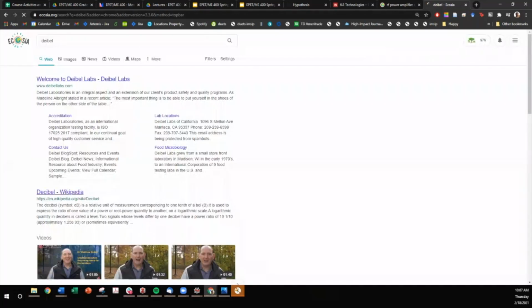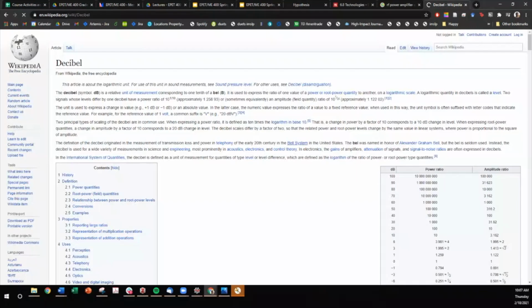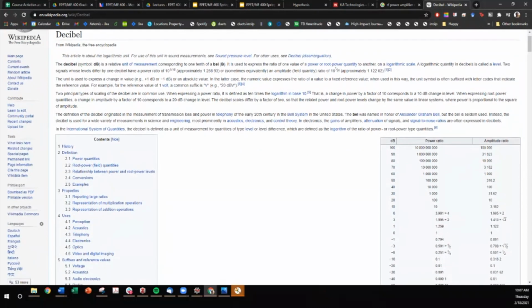So if we have a margin of 3 decibels, then what we want to see is a power ratio of about 2. You want your signal to be twice as intense as the noise floor, as the amplitude of your noise.